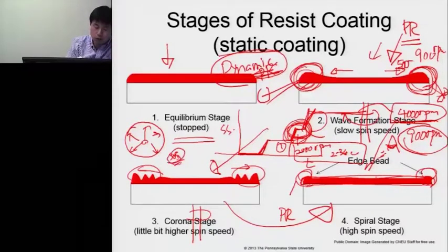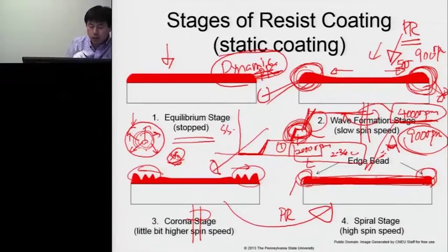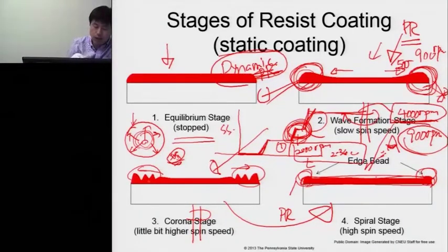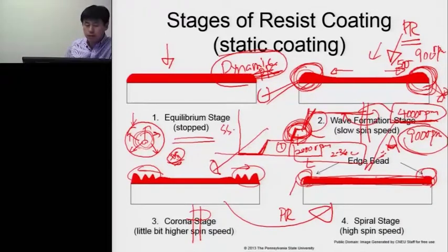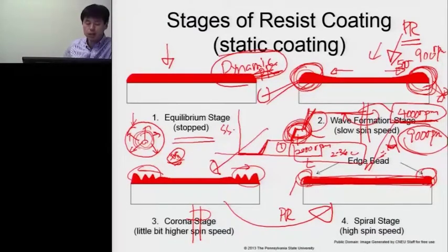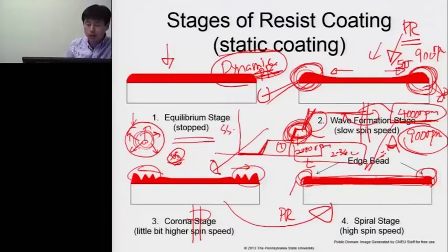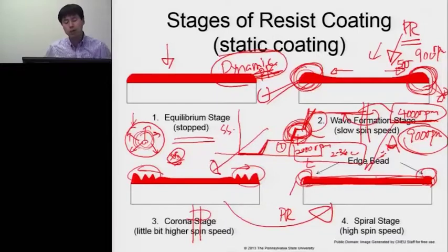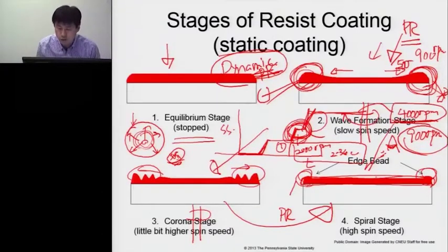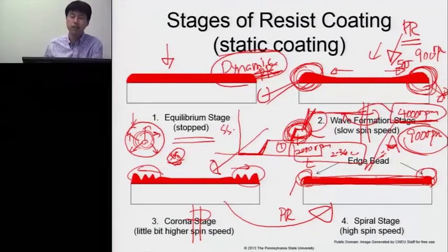The color keeps changing because, as we keep spinning the substrate, the solvent inside the photoresist keeps evaporating, so the thickness of the photoresist is getting thinner.